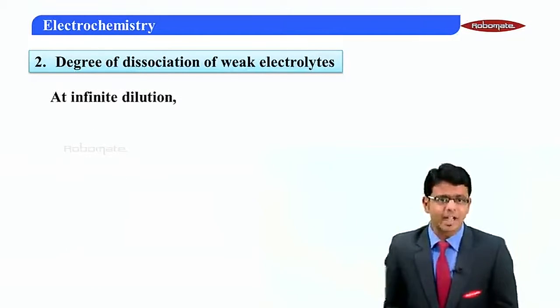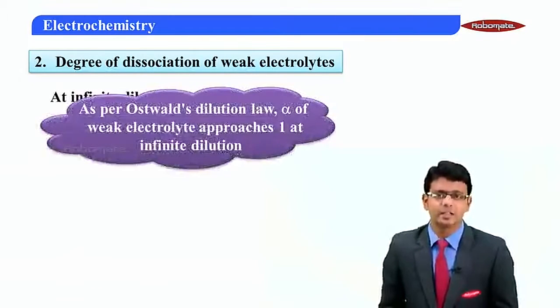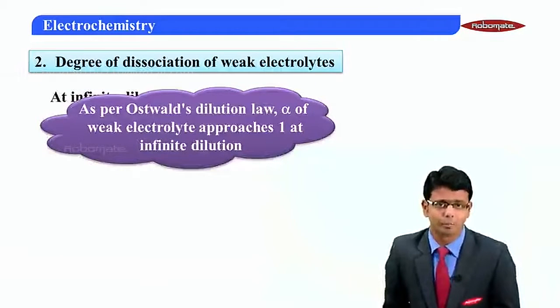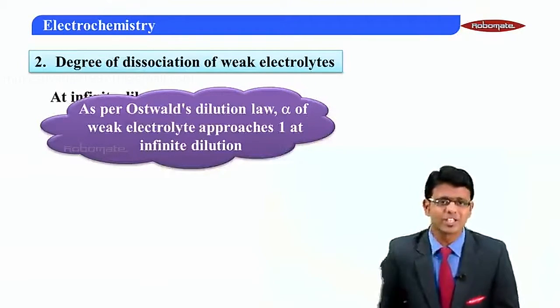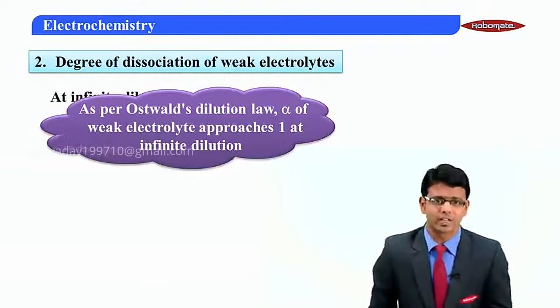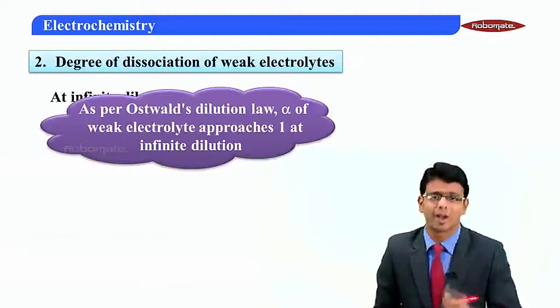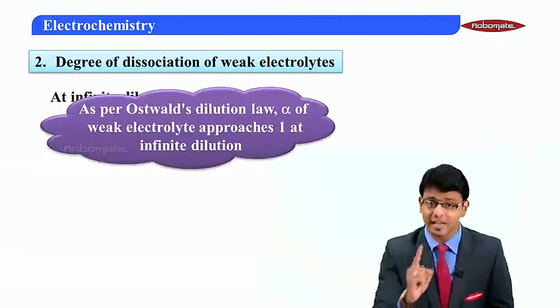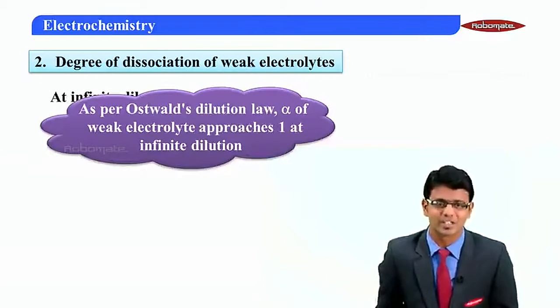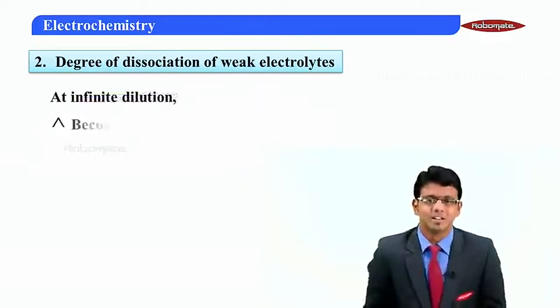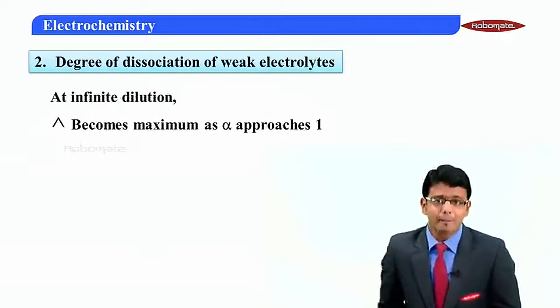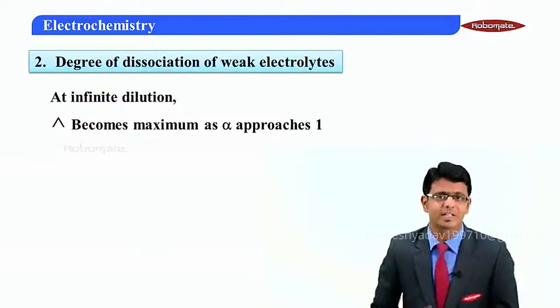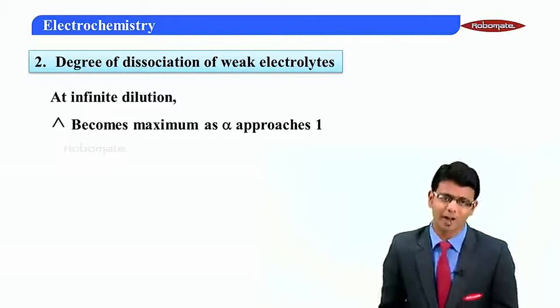At infinite dilution, as per Ostwald dilution law, the degree of dissociation of a weak electrolyte is going to approach 1. That means we can say 100% dissociation at infinite dilution. So lambda becomes maximum as alpha approaches 1.